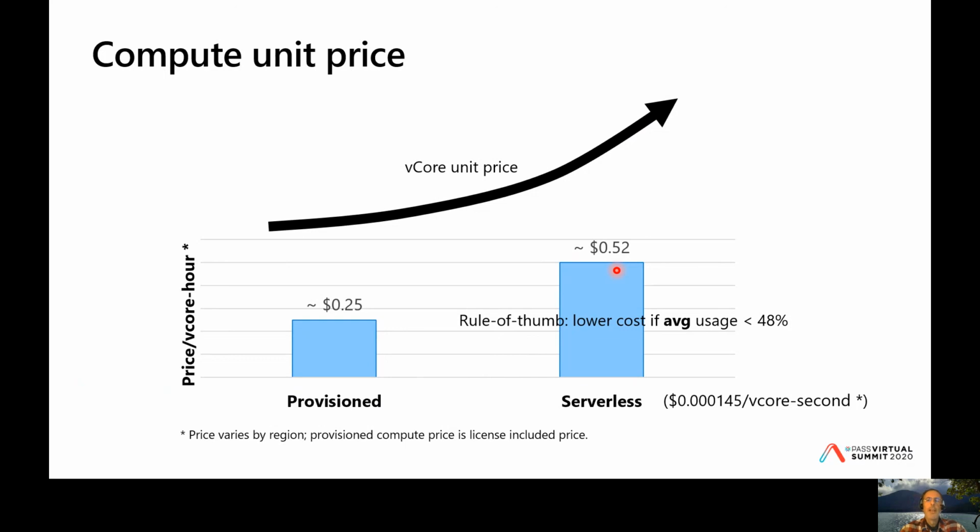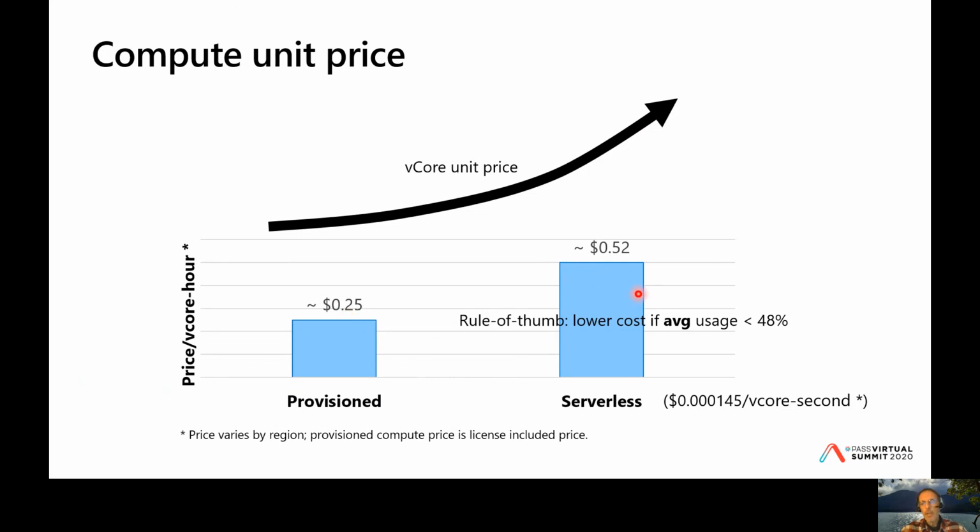If instead the database is say using one core for half as much time, then because serverless is billing based on usage, the costs come down by 50% or so to a level that's comparable to what it would cost in provisioned compute.